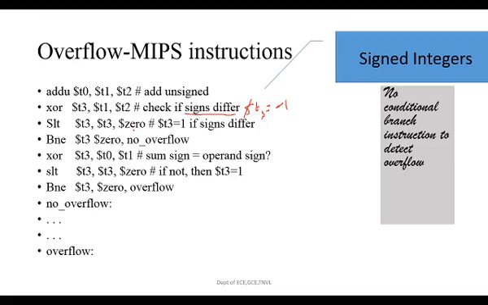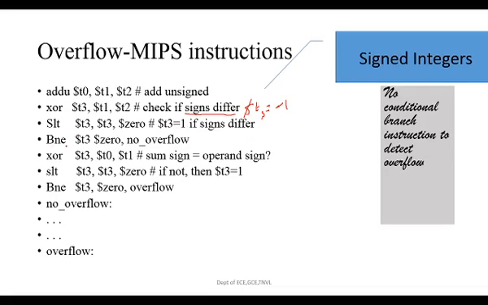So if the signs differ, then automatically $T3 is equal to 1. Because here we want to know whether the content of the register $T3 is positive or negative. In order to check that, we are using this instruction, set on less than. So if it is equal to 1, then the signs differ. So now we have $T3 equal to 1.